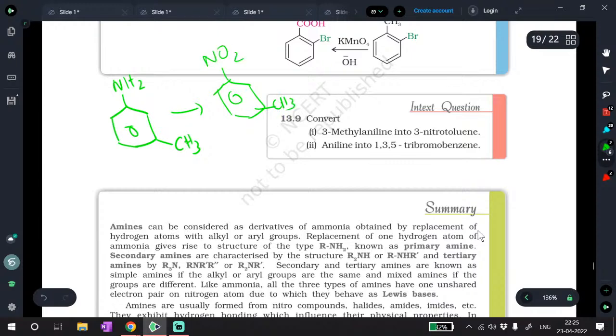Of course, the amino group is the functional group, but nitro is just a substituent, so the name changes. So you have to just reduce this. Okay, 3-nitrotoluene.